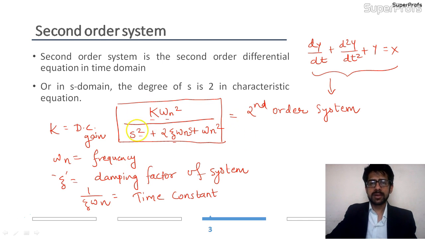To solve this second order system and to split this into partial fractions, we can take the value of zeta from 0 to 1.